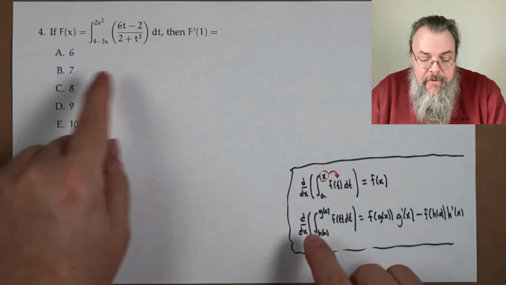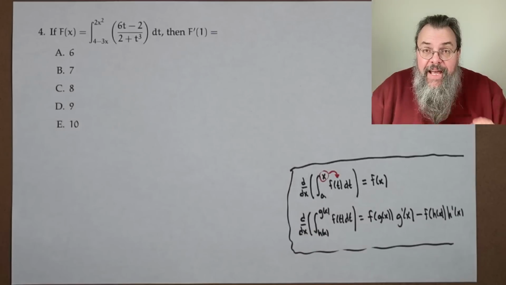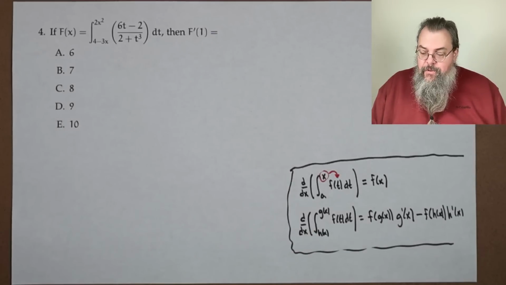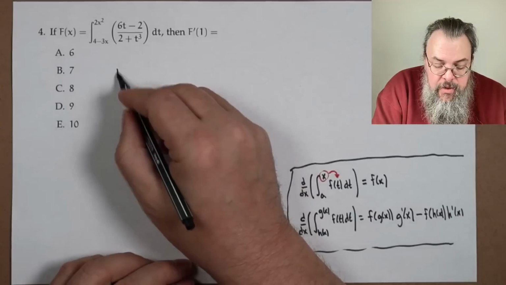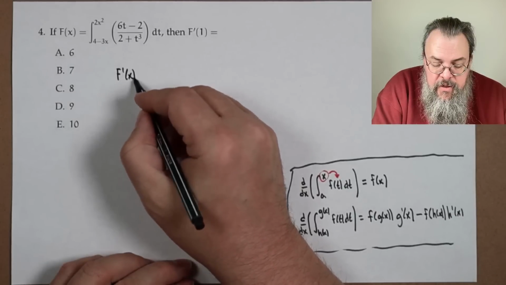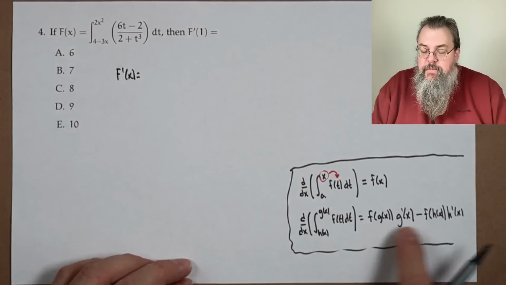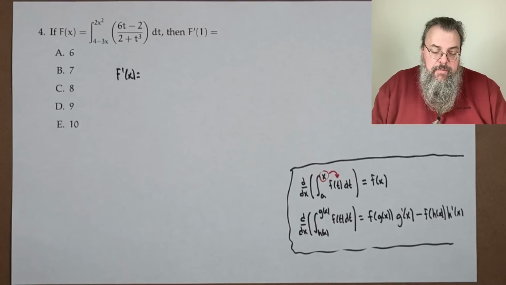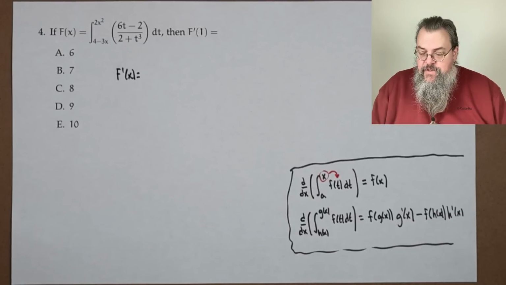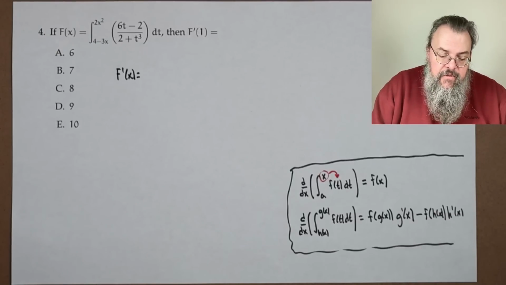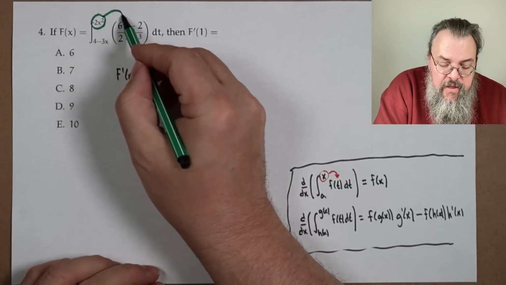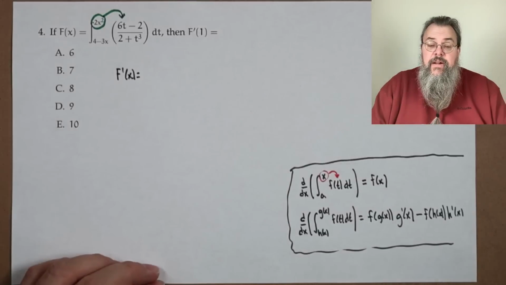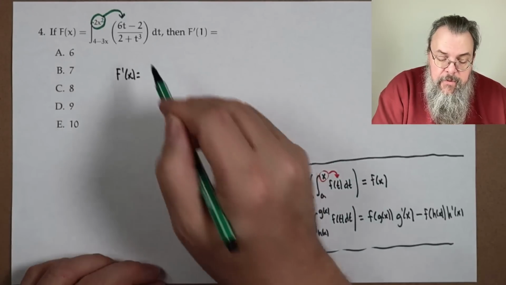So let's start by finding f prime of x. All right, so what is f prime of x? Well, we're going to follow the rule, and we have two pieces. So let's start by working with the top part first. So we have this 2x squared, and now everywhere where we currently see a t, we're going to replace that with our 2x squared.